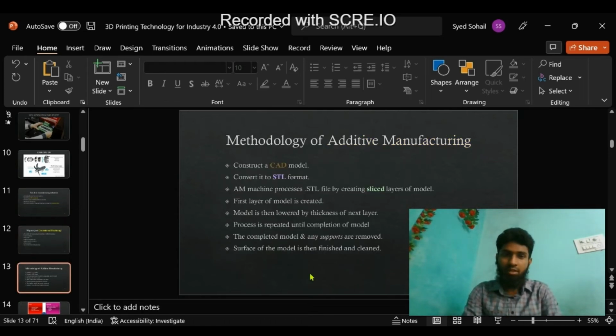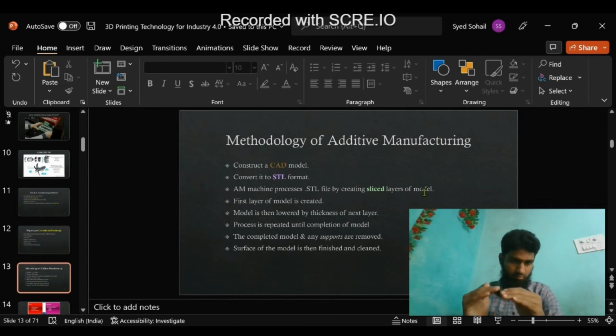What is the methodology of additive manufacturing? You construct a CAD model, that's where it starts, and then you convert it to an STL format. Basically, it converts a solid model into a sliced model. A machine processes the .stl file by creating sliced layers of the model.